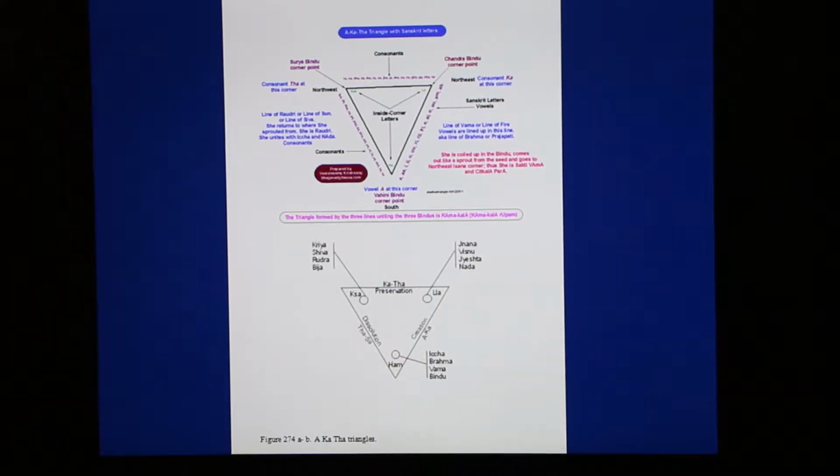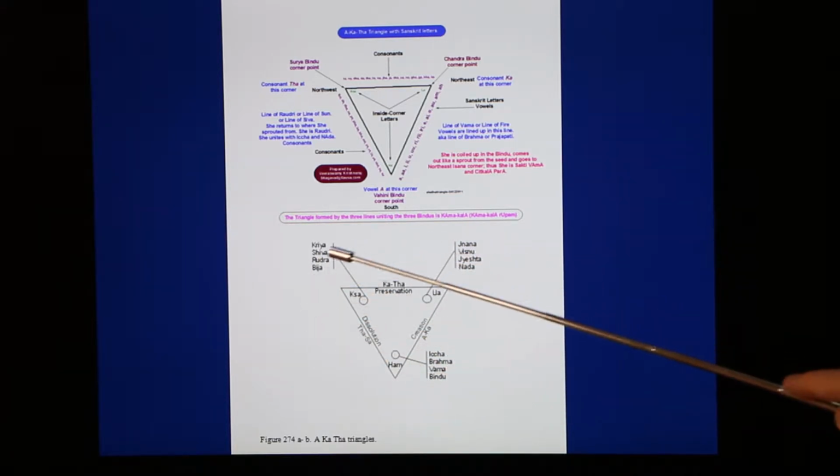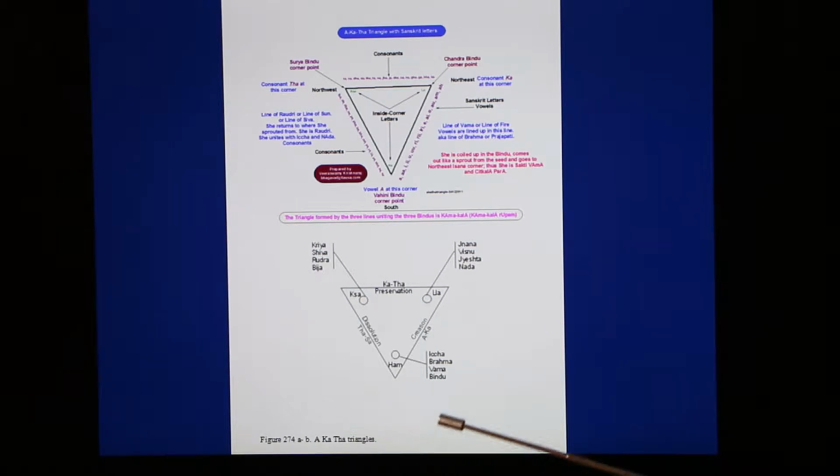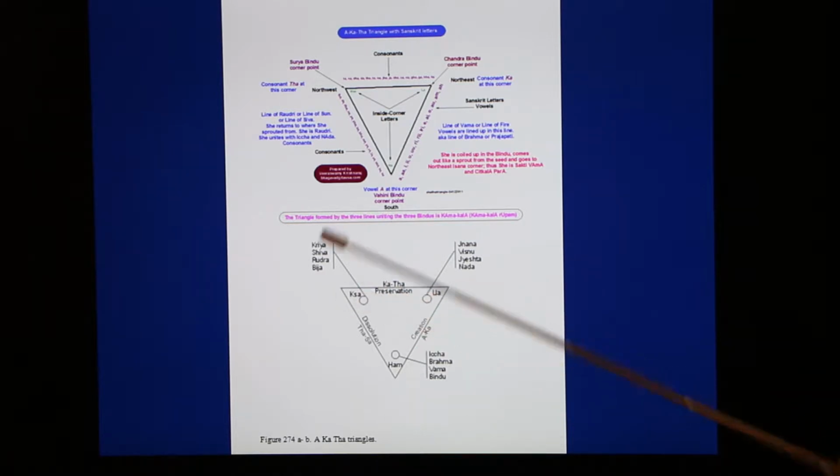But we can also link it, as we see in this diagram, with the 3 gods, Brahma, Vishnu, and Shiva, with Ichha, Jnana, and Kriya, with Bindu, Nada, and Bija, and then 3 so-called bijas or sound syllables, Ham, Va, and Ksa.